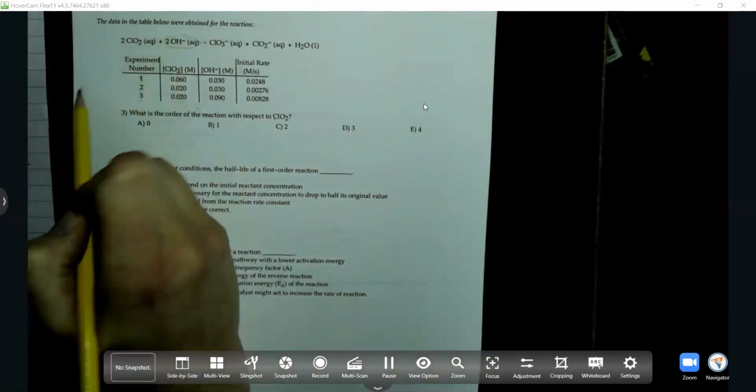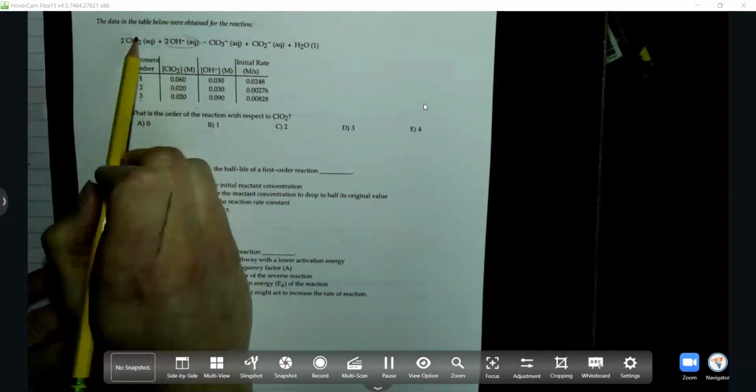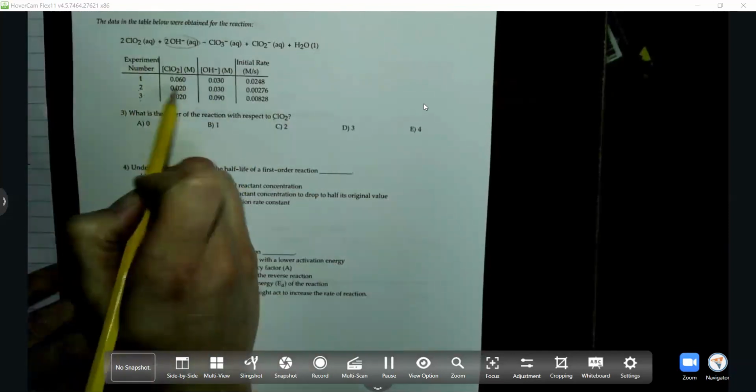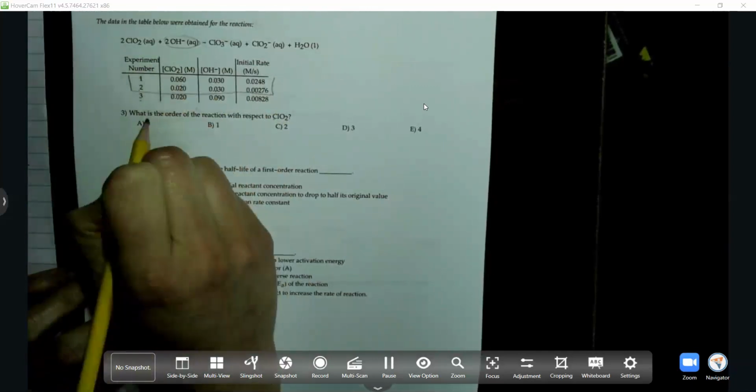So what we want to do is find two of the experiments where the other reactant, which is OH minus, is kept constant because we don't want two different variables changing the rate of reaction, and where ClO2 is changing. So we're going to look at the first two experiments. That's where OH minus is staying the same and the concentration of ClO2 is changing.